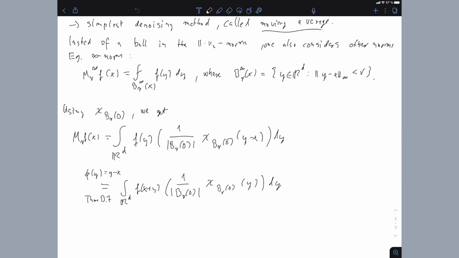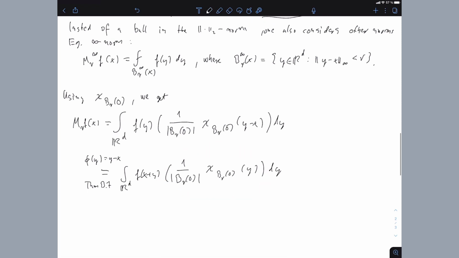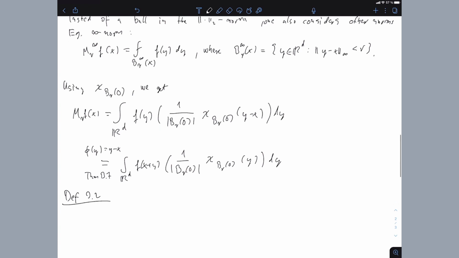Now this is a typical way to express a linear filter, namely that we have the image that we want to filter and multiply it by a kernel. This is our kernel. Now we see the structure, and this leads to the following definition.